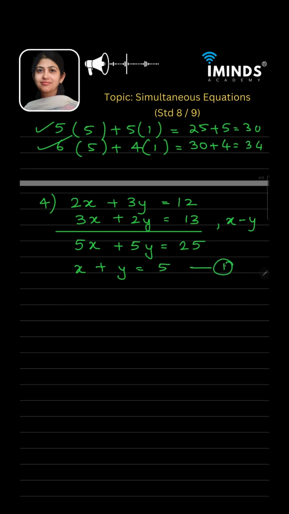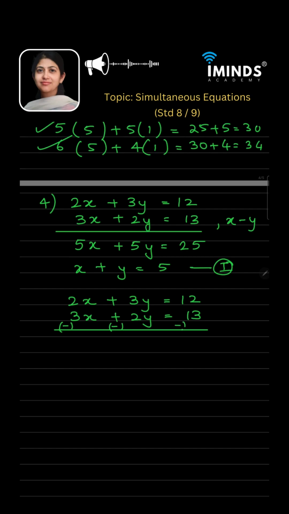सो ये आपका फर्स्ट इक्वेशन हो गया. ओके, अब सेकेंड इक्वेशन के लिए हम क्या करेंगे, जो ऊपर दोनों इक्वेशंस दिए हैं उनको हम सब्ट्रैक्ट करेंगे. ठीक है, सो once you add them and once you subtract them when the coefficients are interchanged for the two variables. Now we will subtract them.